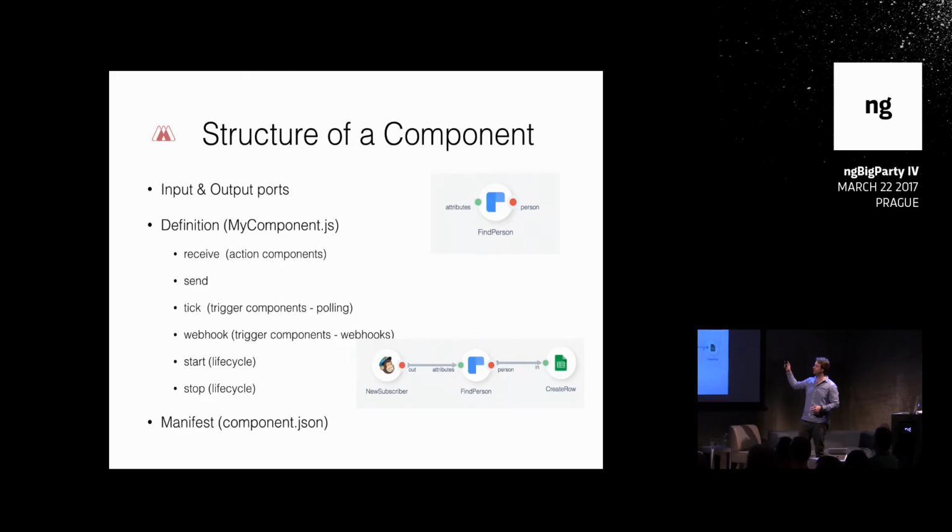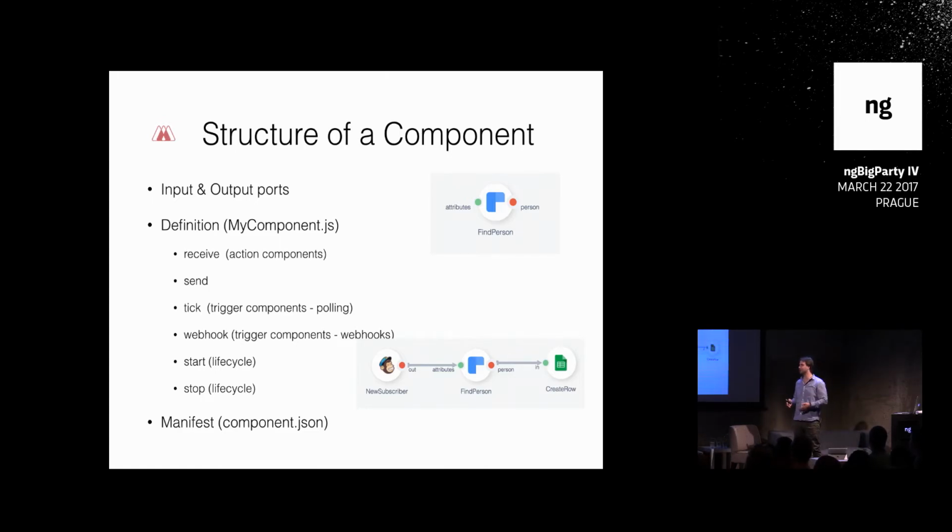But the definition of the component is what actually implements the behavior of the component. The programmer provides certain methods that the engine understands. For example, the receive method is called by the engine at the right time.